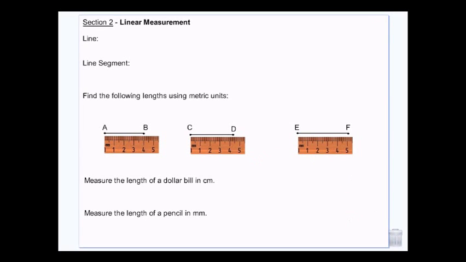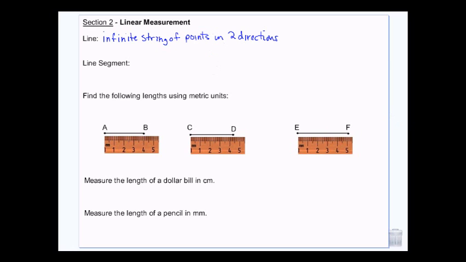Linear measurement. The first thing we need to talk about is lines, which we talked about yesterday. We said that a line is an infinite string of points, and it's infinite in two directions.